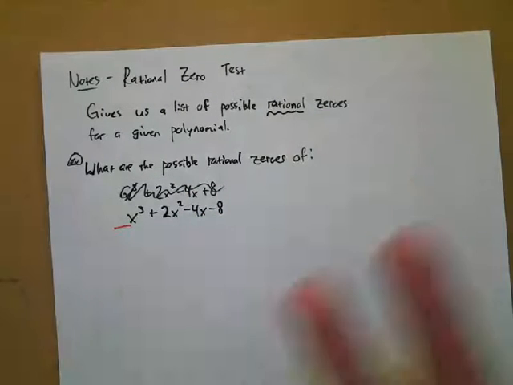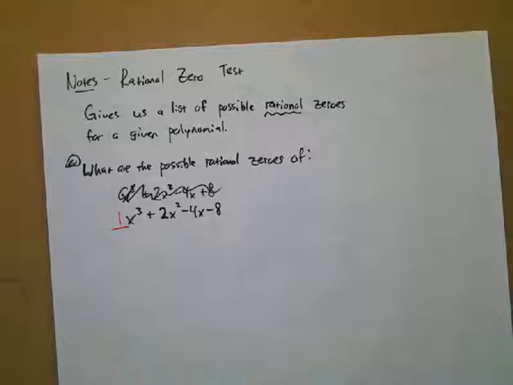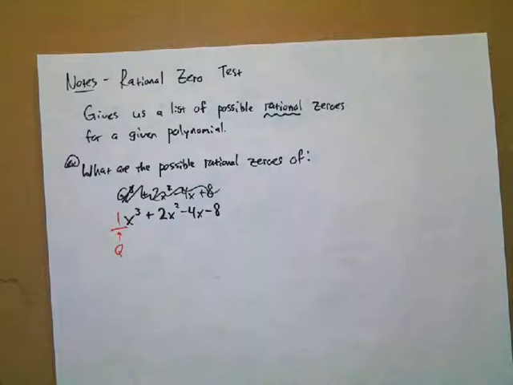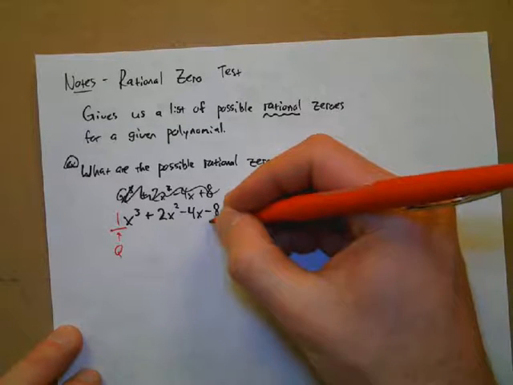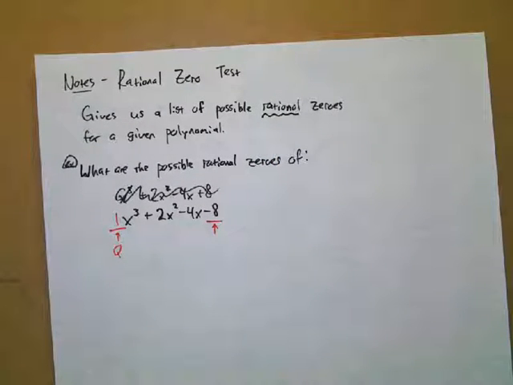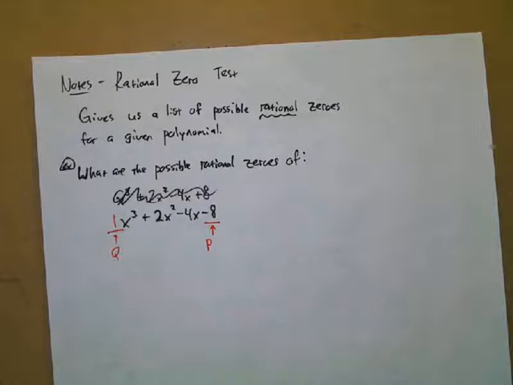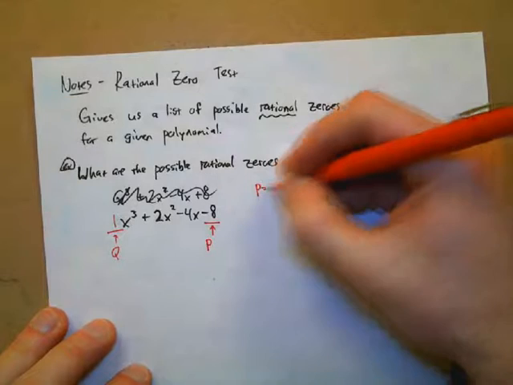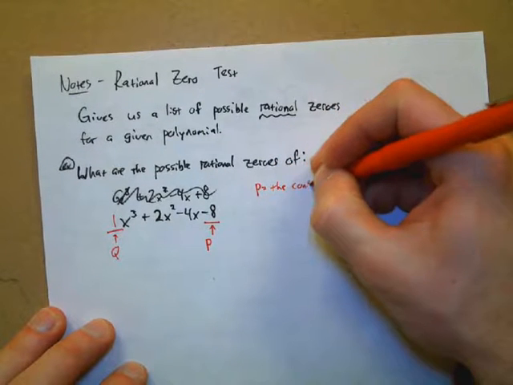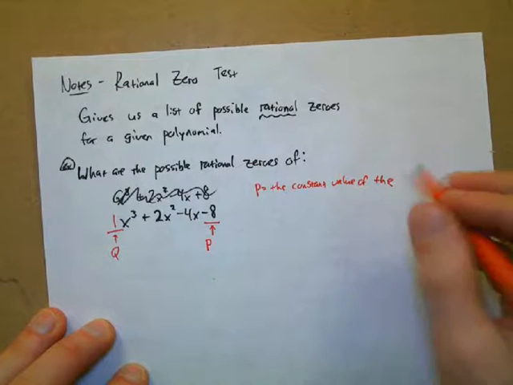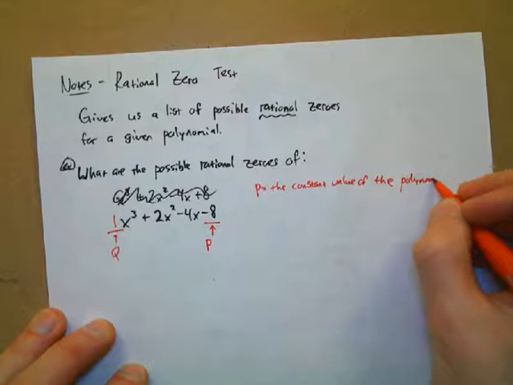We're going to call that number Q. And then we have another piece of our polynomial that we're going to identify, the constant, and we'll call that P. So again, P is the constant value of the polynomial, and Q is the lead coefficient.